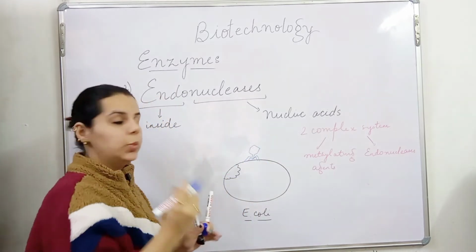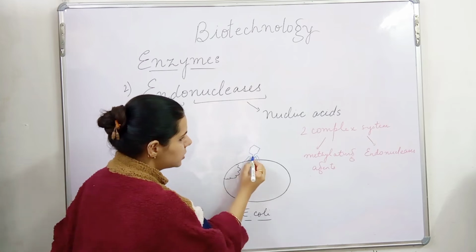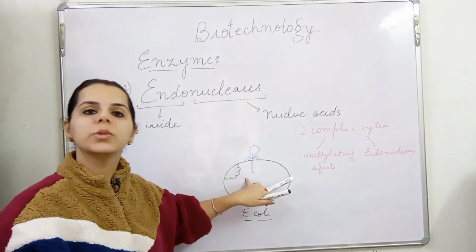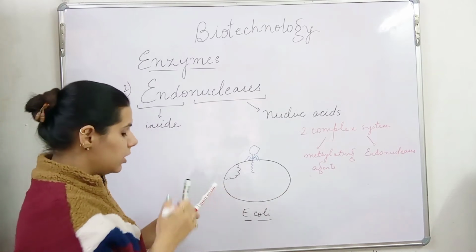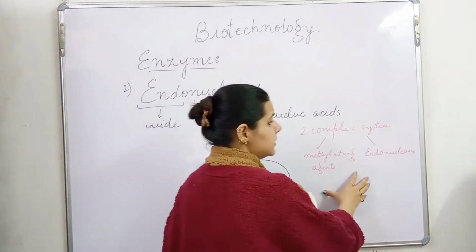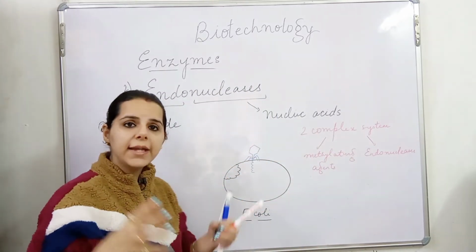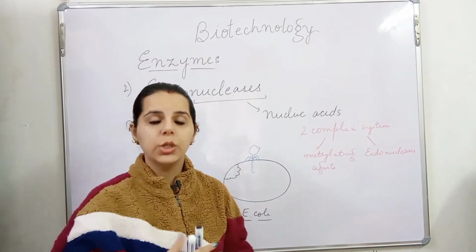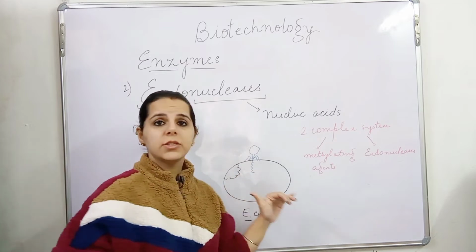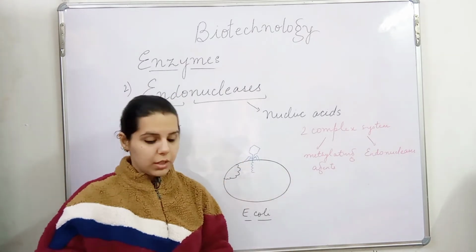It tries to invade the bacterial cell and tries to transfer its DNA into the bacterial cell. Now the endonucleases and the methylating agent both act in coordination to restrict these viruses from taking over the host cell, the bacterial cell.